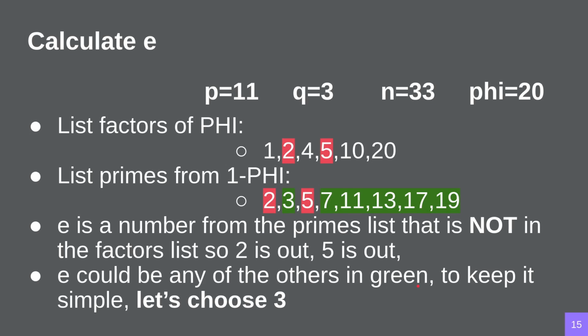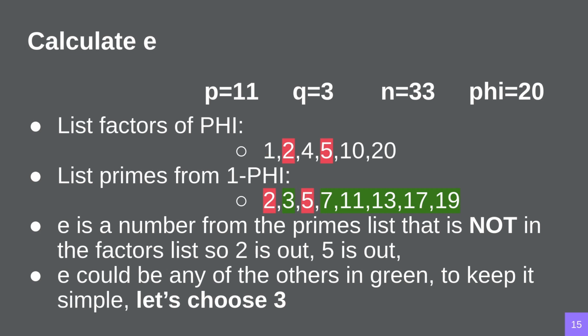So step 2 is figuring out E. Now to figure out the encryption key, we're going to list out all the factors of Phi. So Phi is 20. Here's all the numbers that can divide Phi evenly: 20 can be divided evenly by 1, 2, 4, 5, 10 or 20.